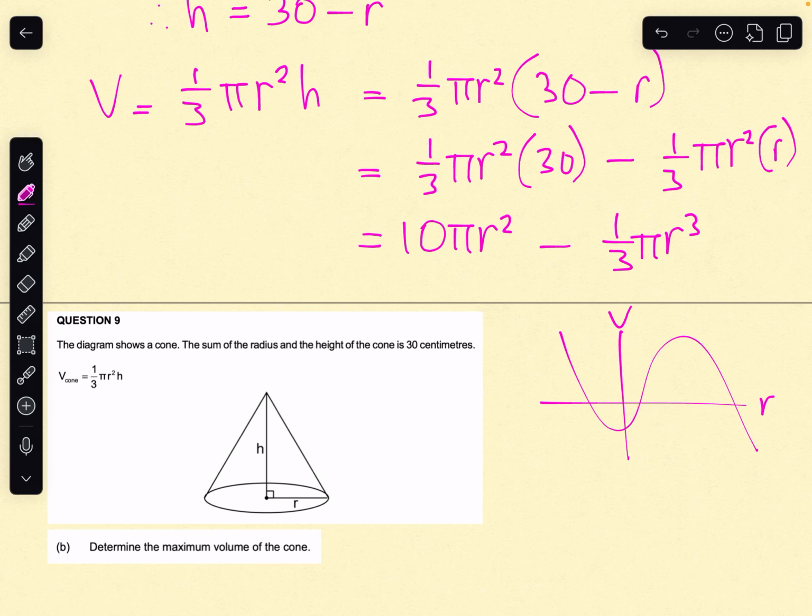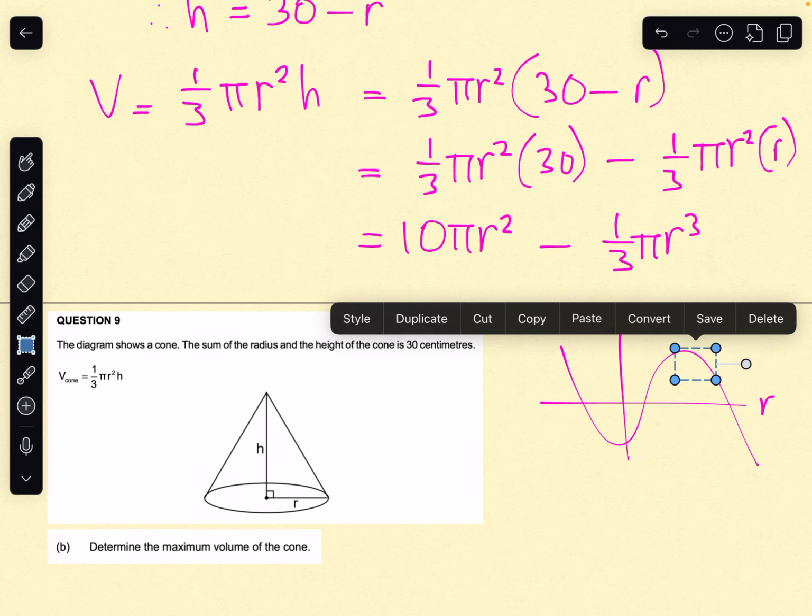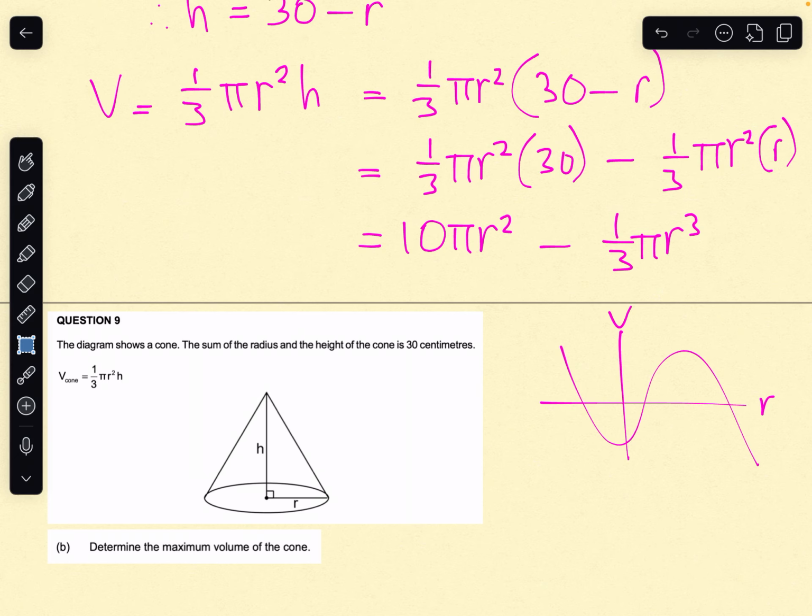I don't know where exactly it is on the Cartesian plane. It could be more this way, more that way, I don't know, right? But because the r cubed term has a negative coefficient, we know that it has this shape as opposed to that shape. And so we're looking for the r that maximizes the volume.